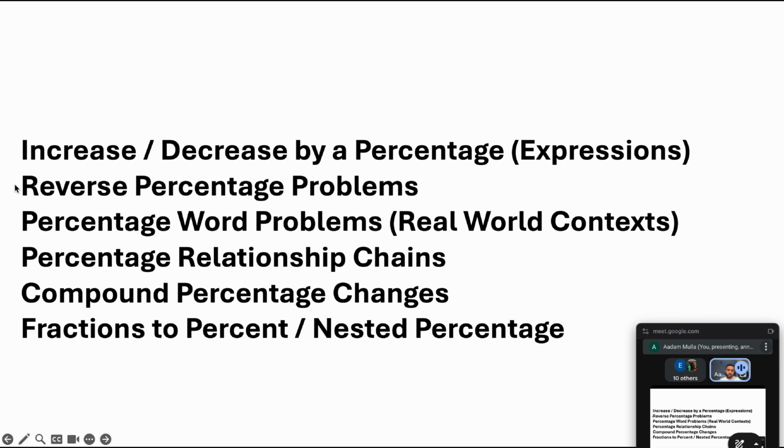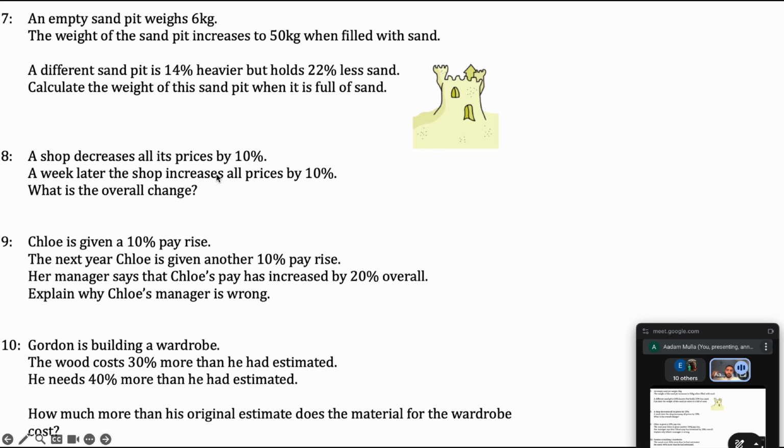We're going to look at some reverse percentage problems, percentage relationship chains, so when it might say something like 11% of A and it's 25% of B. It'll be a little bit complicated. Compound percentage changes, so that's when you have multiple, and then fractions to percentages, or where you have to work something out first to be able to do the question. So we're going to take a look at these questions.